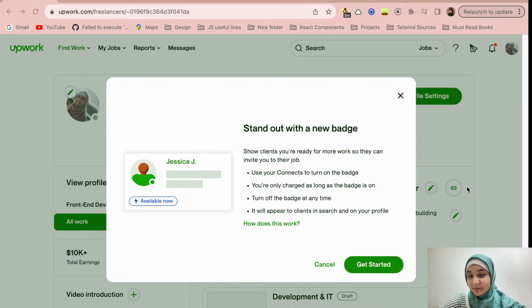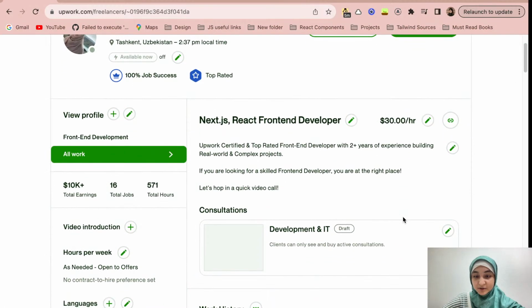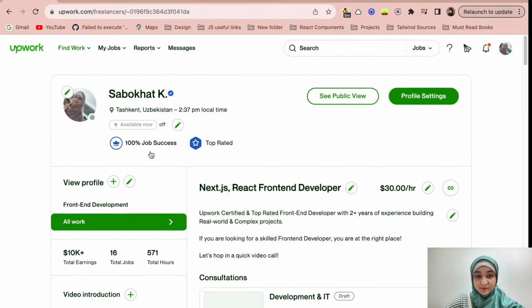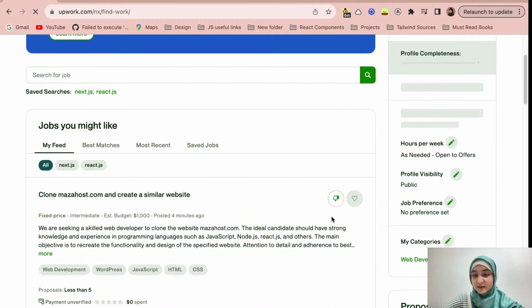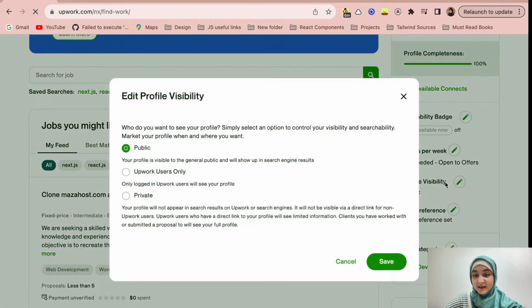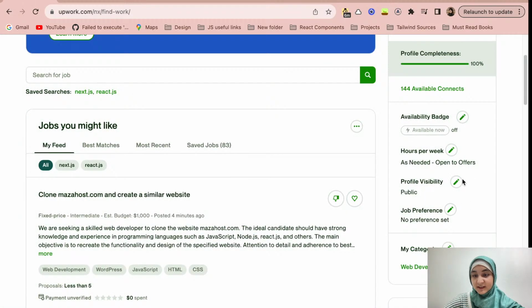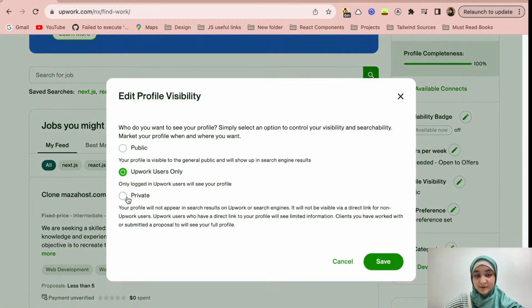Okay, next question. My profile has gone private, it means no one can see my profile. Can you tell me how to change it to public? One way to set it is through your profile settings. Let me go to profile settings. I believe it was actually in Find Work here. Visibility, right here on the side you have public visibility, Upwork users only, or I can set it to private.